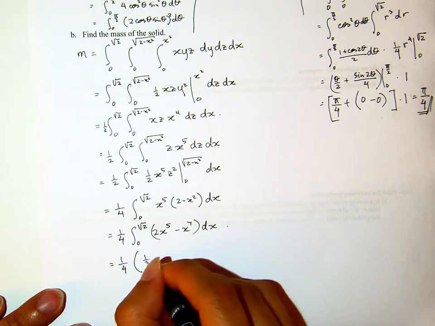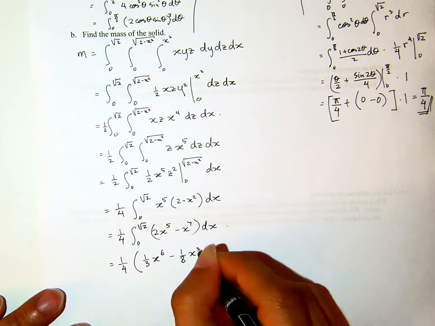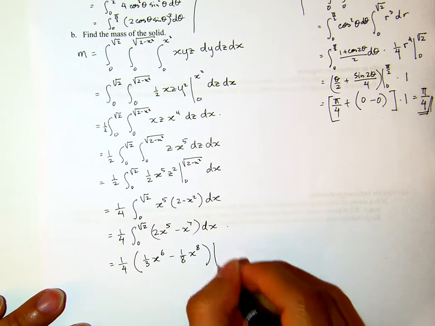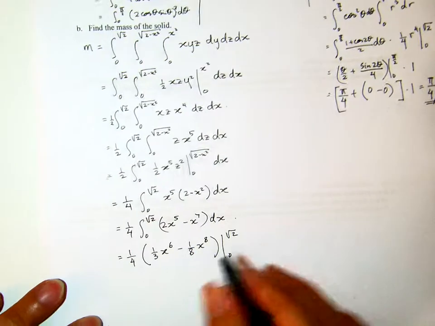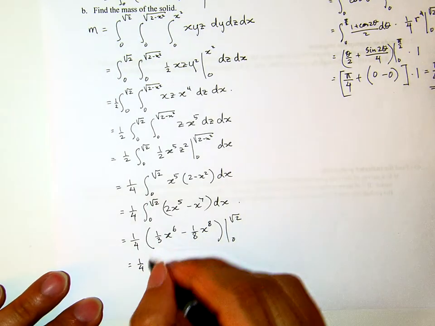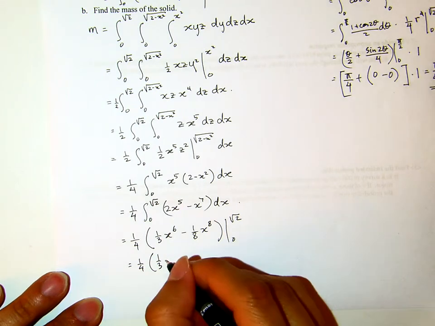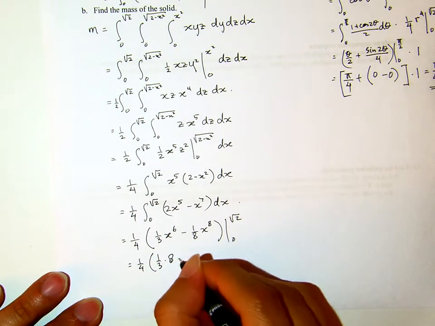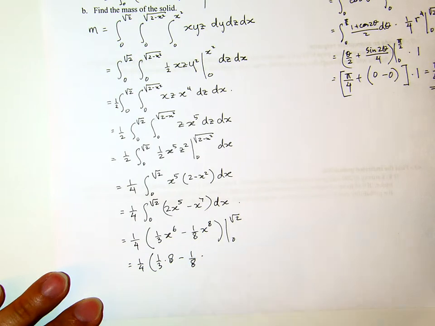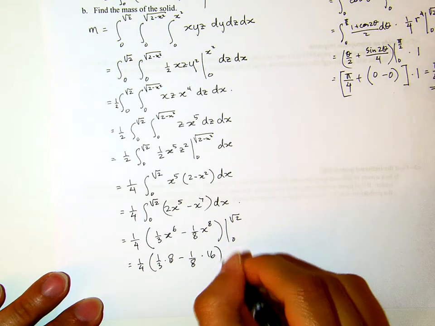This is 1/3 x to the 6th minus 1/8 x to the 8th from 0 to radical 2, therefore this is 1/4 times 1/3, and this is 8 minus 1/8 times what is that, 16, right?